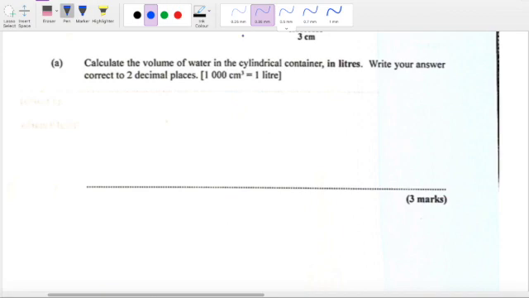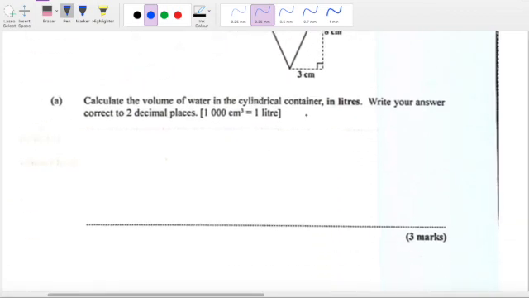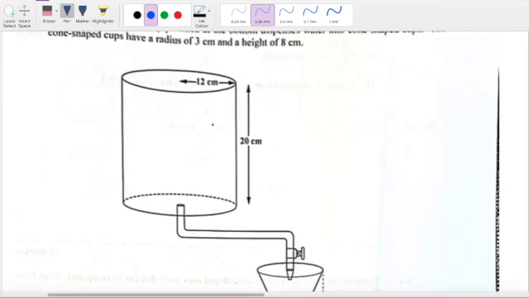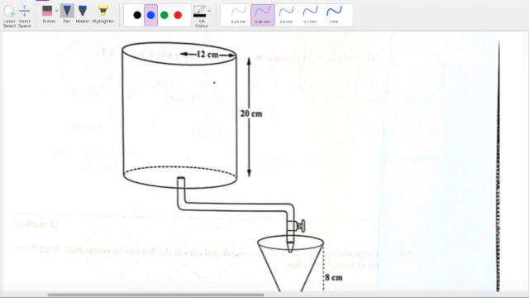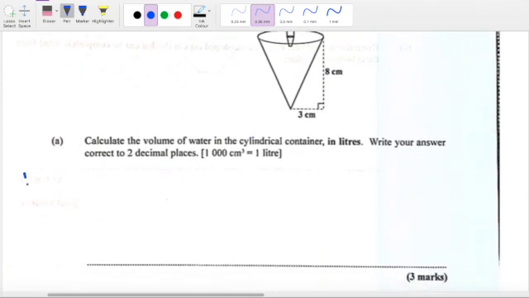All right, so calculate the volume of water in the cylindrical container in liters. Write your answer correct to 2 decimal places. The volume will be in centimeters cubed when we find it. The volume of a cylinder is the area of the base, pi r squared, times the height.